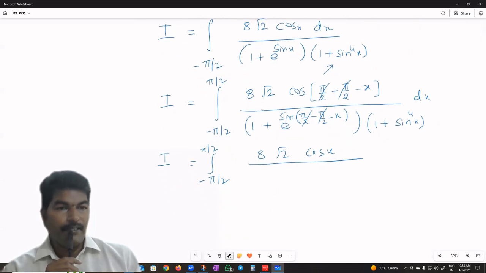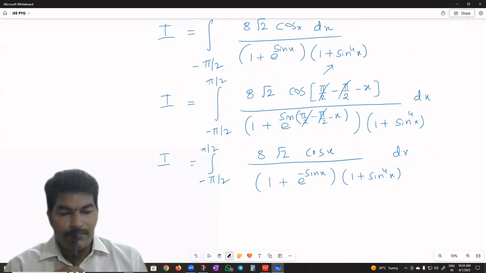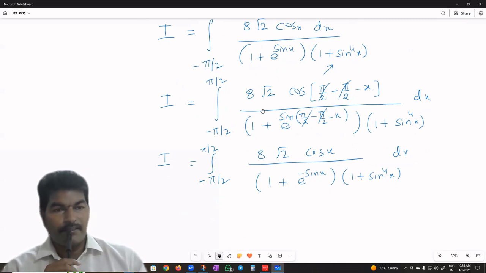Here the change will happen in the denominator. So 1 plus e power, this value will be minus sin x, and it is multiplied by 1 plus sin power 4 x. Now do the LCM to simplify this part.